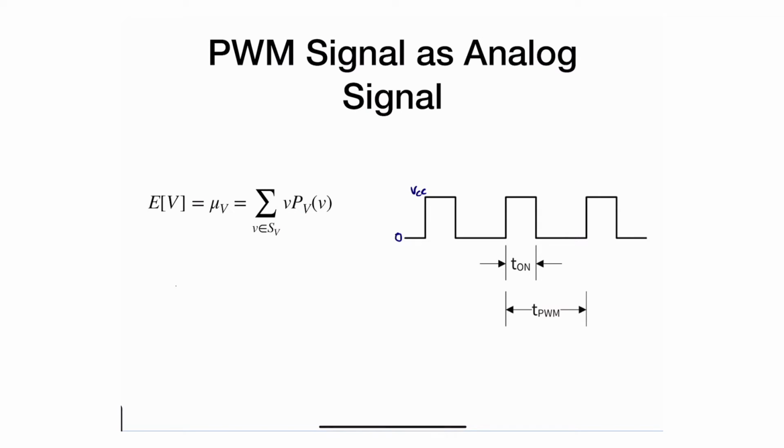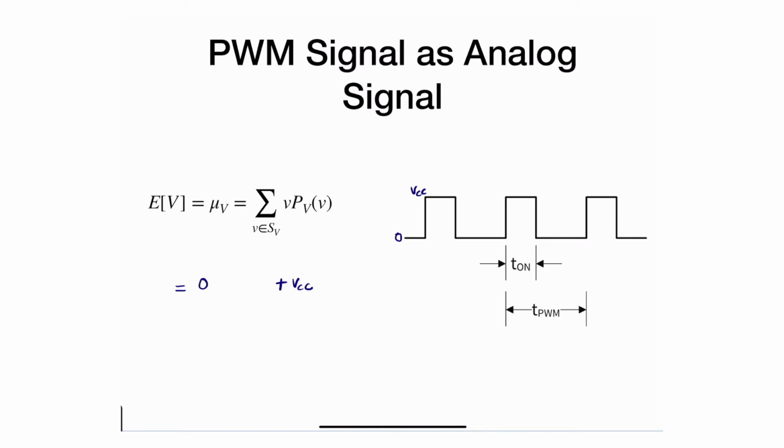Okay, so what are the possible values of v? Well, the possible values of the voltage are either 0 volts or VCC. And I know that I have to sum, because this is a summation. So what's the probability of VCC? Well, the probability of VCC is the probability of having a logic 1.